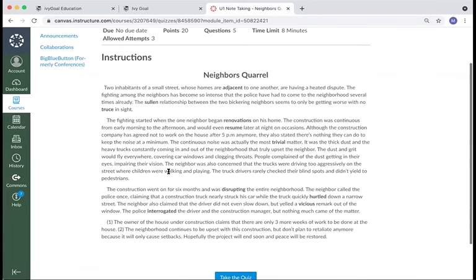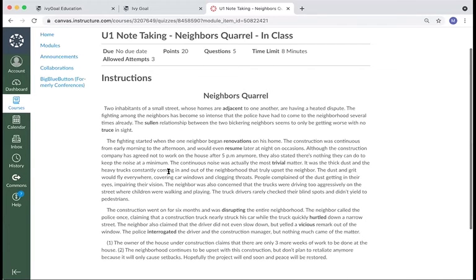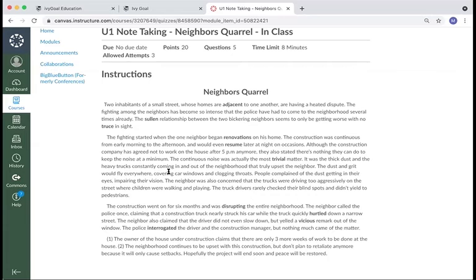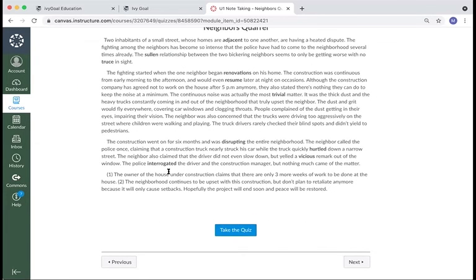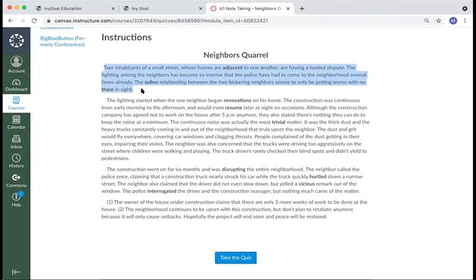All right, very good. So we are going to be working on some note taking here. We're going to need to read this together, and then we're going to take a little quiz on it. Can I get any volunteers to read this first paragraph? Is anybody interested? Sure, I can read it. Okay, great.